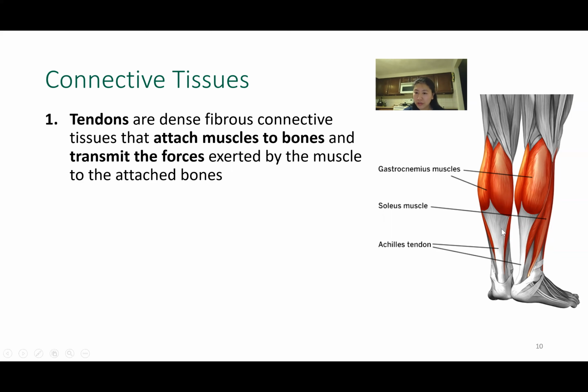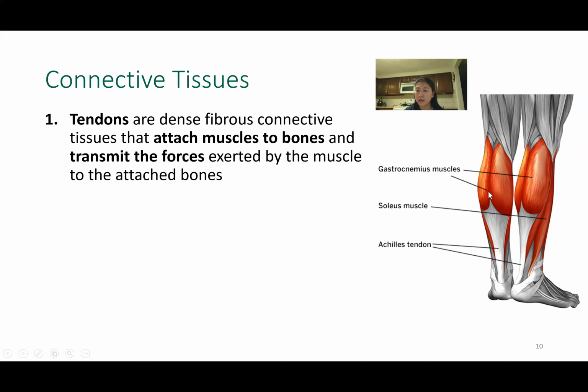The example I'm giving you right here is a major tendon in our body. On the right, you can see a pair of Achilles tendons, which are really big tendons. They connect the heel to the gastrocnemius muscles, gastrocs for short. The soleus is an inner muscle, and we won't talk about it right here. The Achilles tendon is an example of a tendon.